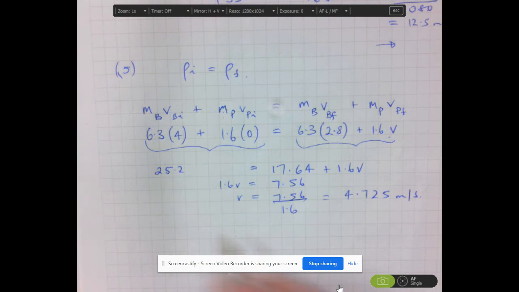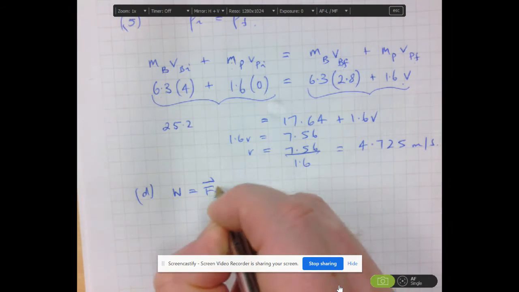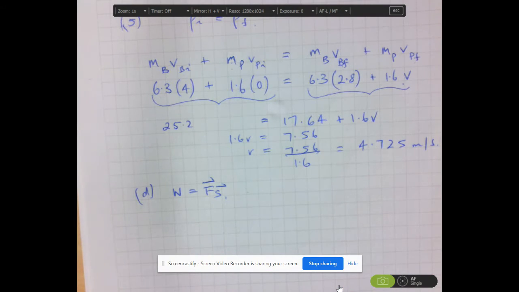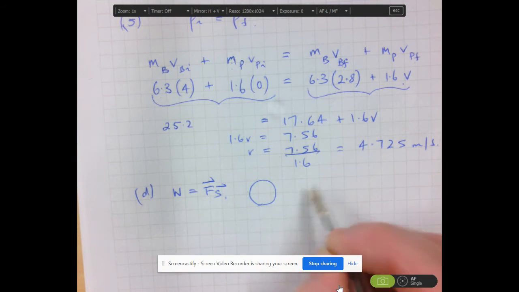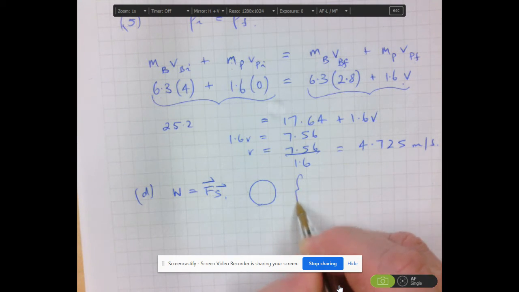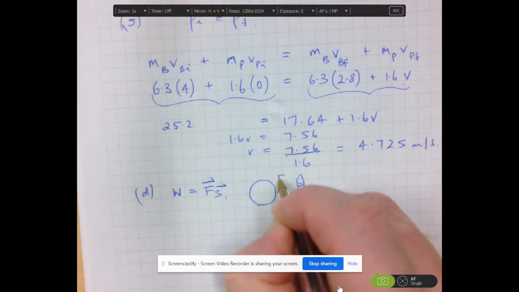So let's just remind ourselves what this is D now. What is work? Work is force multiplied by displacement. So this work, force times the displacement. So we have the bowling ball moving the pin. So there's my pin. Okay. So does the bowling ball put a force on this pin?